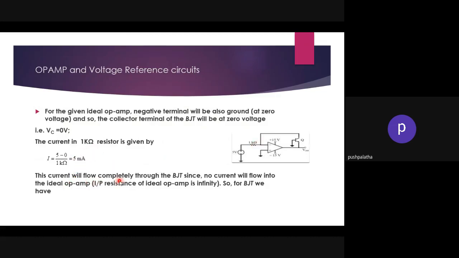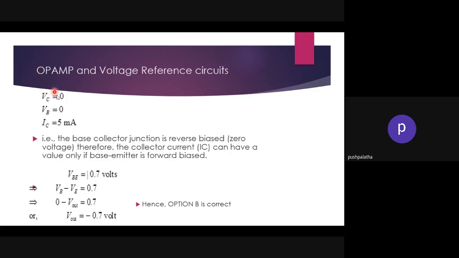The current will flow completely through the BJT, since no current will flow into the ideal op amp, because an ideal op amp offers infinite input impedance. So for the BJT, VC is 0 and VB is grounded, which is 0, and IC equals 5 milliamps.